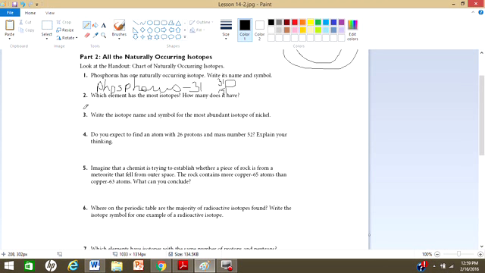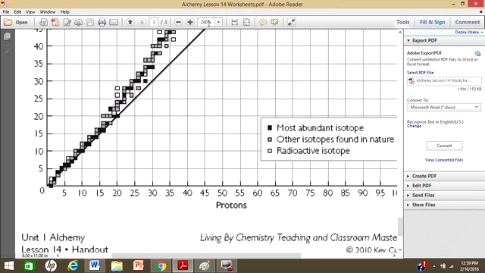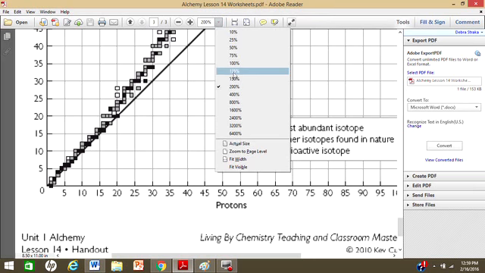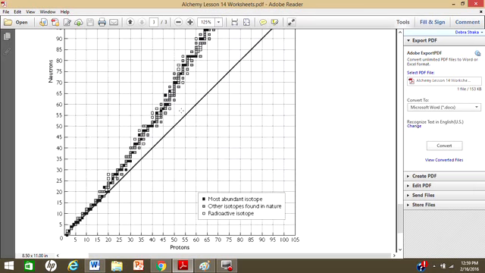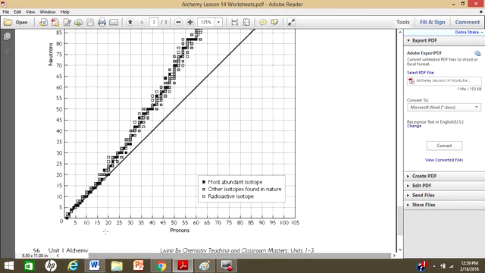Okay, so what I want you to do now is look on that chart and figure out which element has the most isotopes. How many does it have? So if this isotope chart's telling you how many isotopes of each element there are, these are the identities of the elements down here.